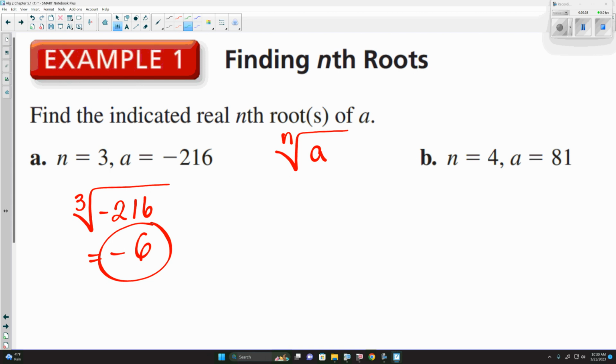Let's look at the next one. So our n in this case is 4, and the a value is 81. Now, since we're taking the even root of a positive number, how many solutions should we have? 2. So we have to add the plus or minus.